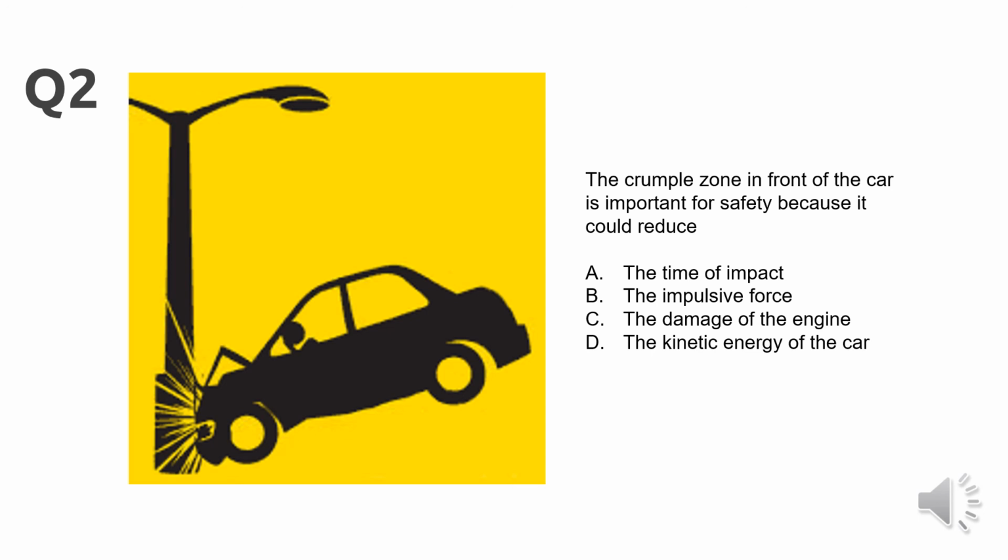The crumple zone was designed to lengthen the time of impact, meaning it will reduce the impulsive force. So the answer here is B, because the crumple zone will reduce the impulsive force.